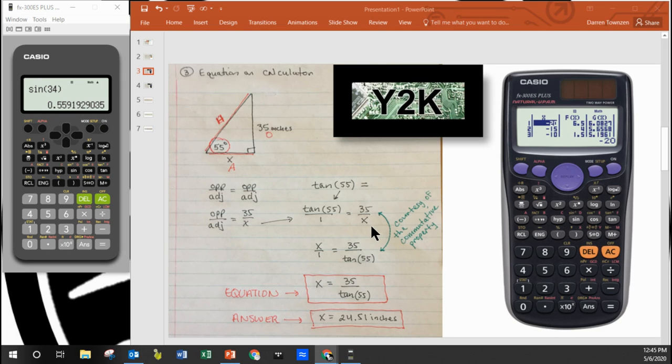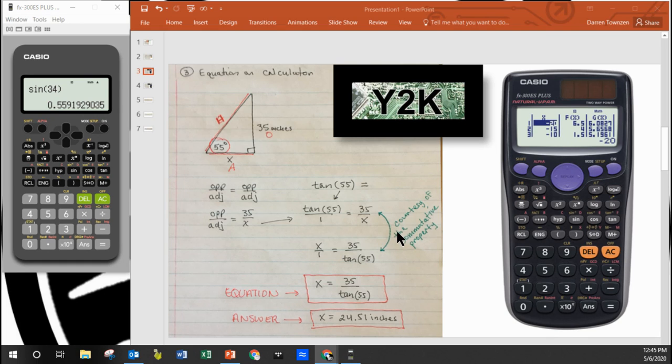But there's one trick. It's courtesy of the commutative property. The commutative property of multiplication says that you can multiply in any order. So if I'm going to find the cross product here, the cross product is tangent 55 times x. But that is the same thing as x times the tangent of 55.